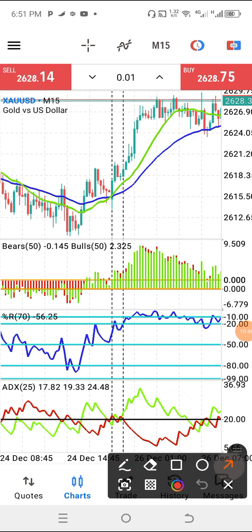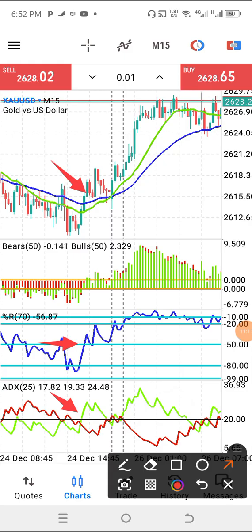Now, when you look at the main chart, we have price crossing above the two moving average at the first instance, right? Immediately price crossed above it, already before then, our positive ADX is already above level 20. Can you see? Our Williams range is facing up, even crossing above level 50.